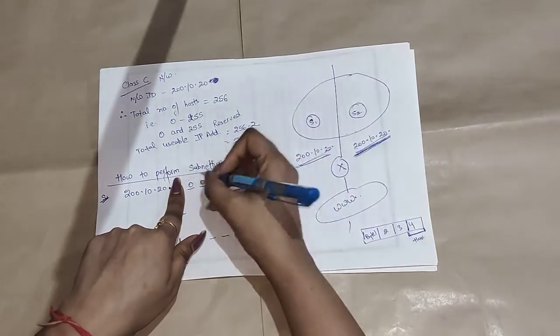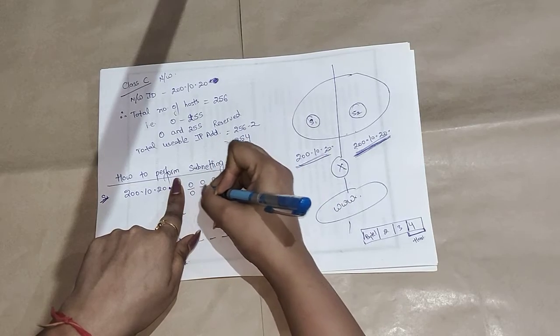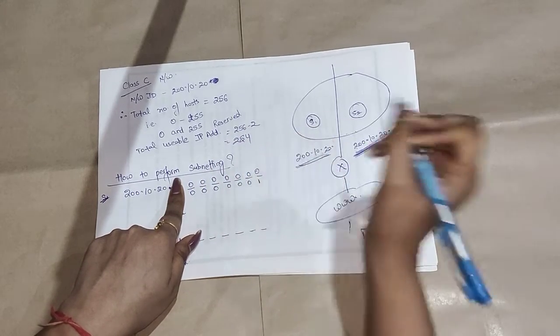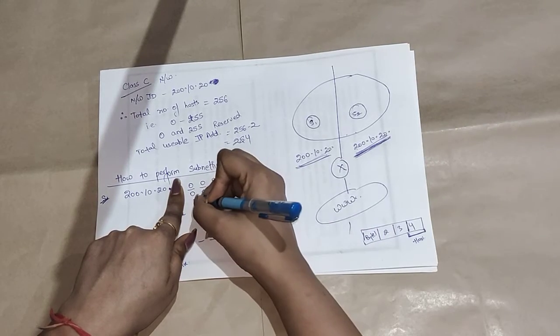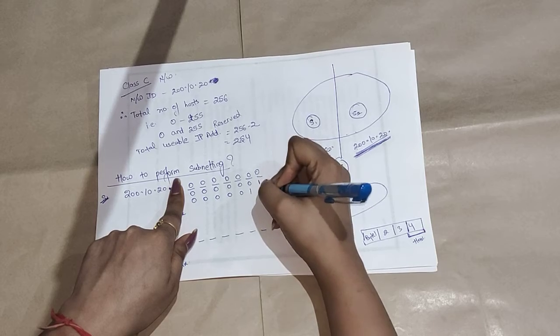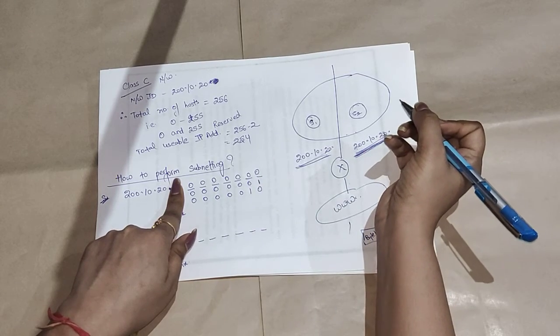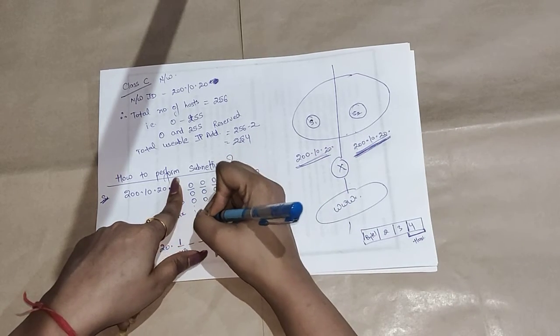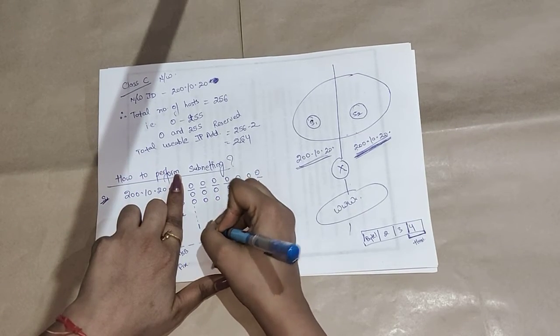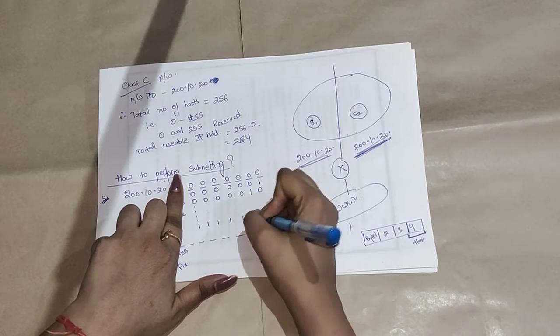The second IP address of this subnetwork 1 is 0, 0, 0, 0, 0, 0, 1. Next is 0, 0, 0, 0, 0, 1, 0. Okay, and up to this 0 is fixed and this will be 1, 1, 1, 1, 1.